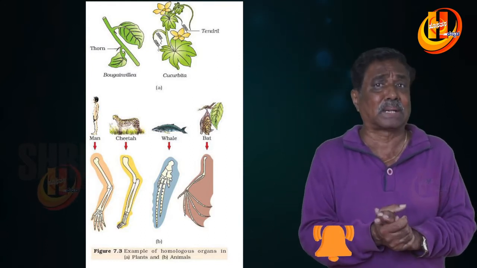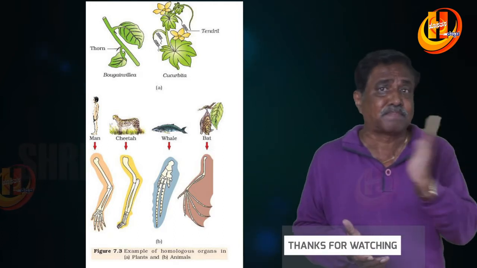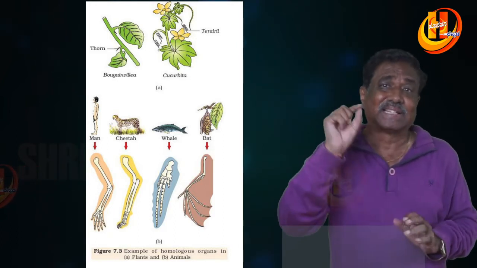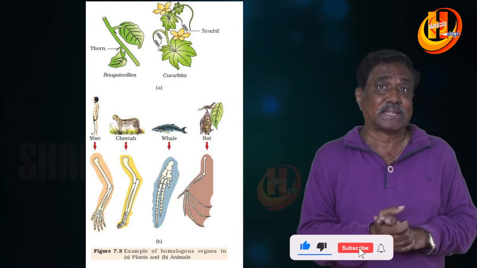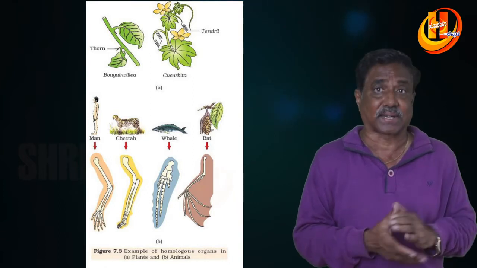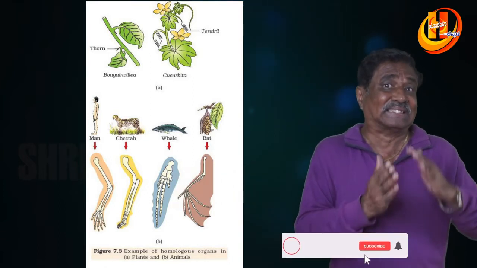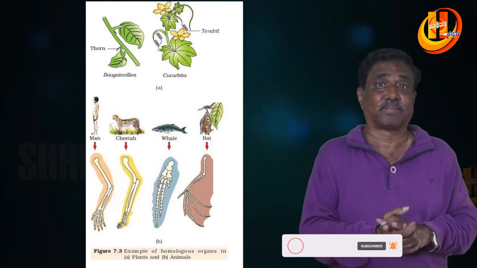And the flipper in dolphin and penguin. Dolphin is a mammal, penguin is a bird. Similar function but different structures. So these are all examples for analogous organs.